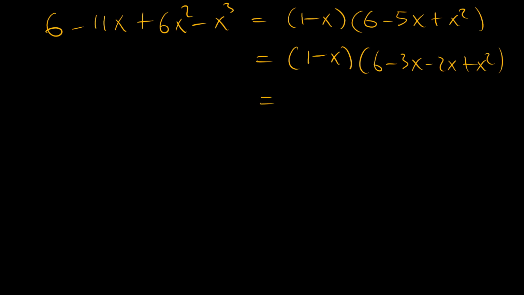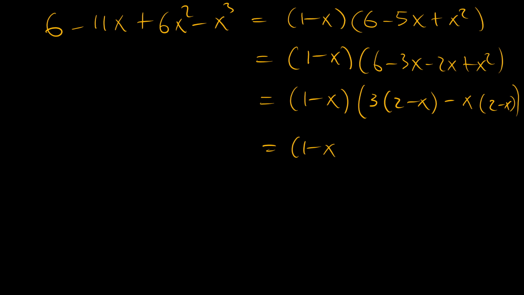Which slowly becomes 1 minus x. Pull 3 out: 2 minus x. We pull x out: we have 2 minus x. Okay, so we have 1 minus x, 2 minus x, 3 minus x.